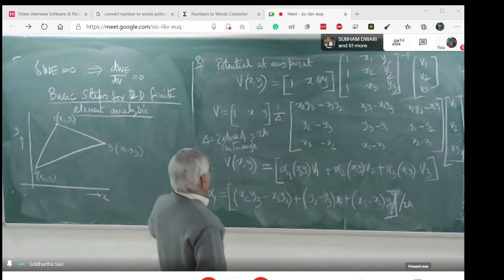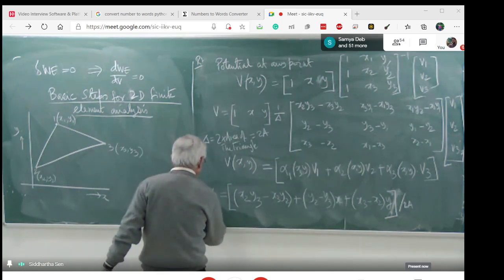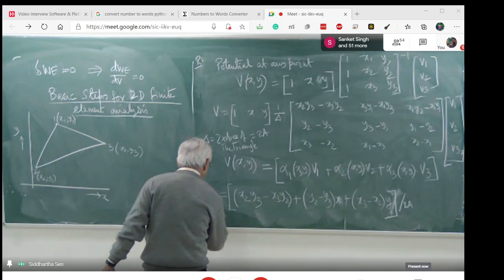So you do the manipulation, and similarly we can get an expression for alpha 2 and alpha 3.